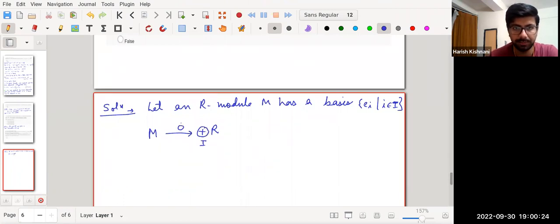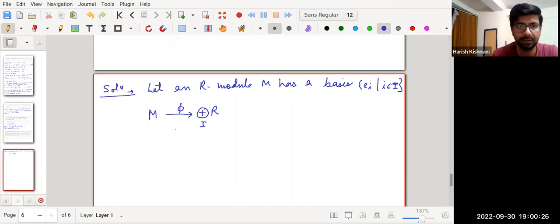Let's say the phi map is defined as phi of m.